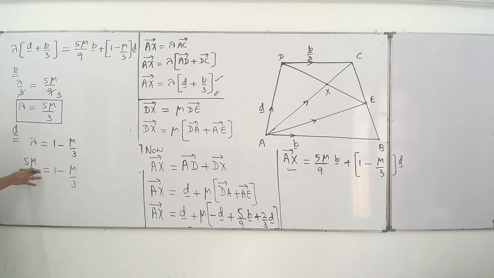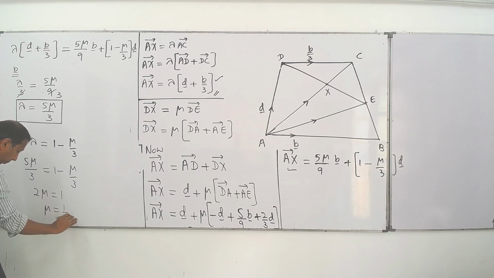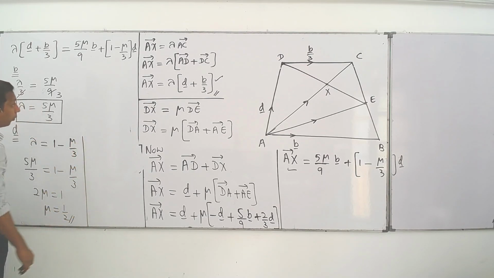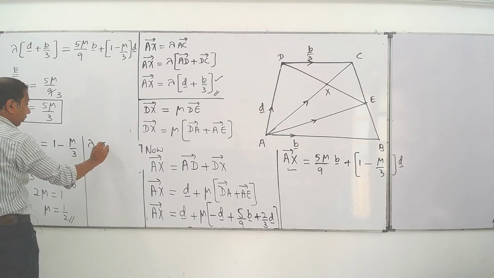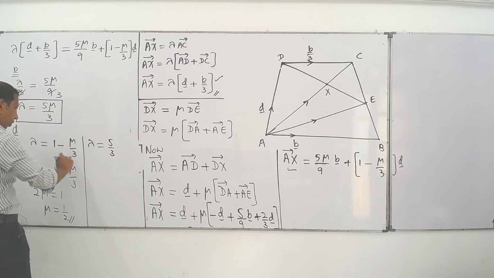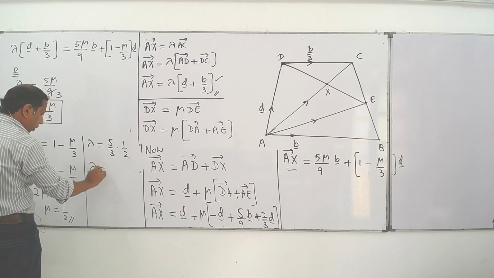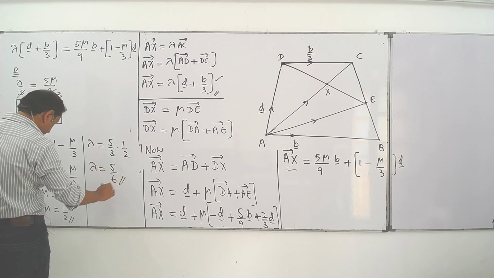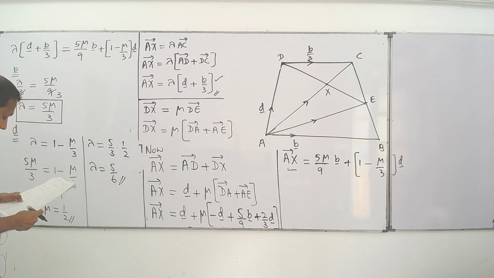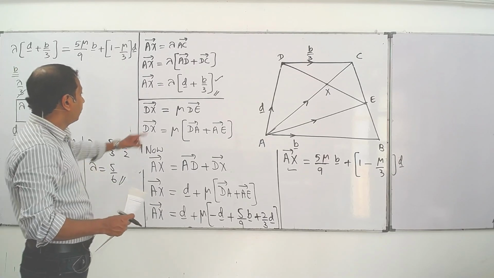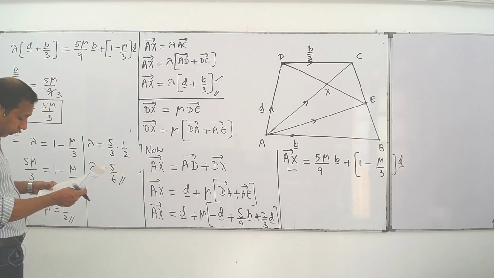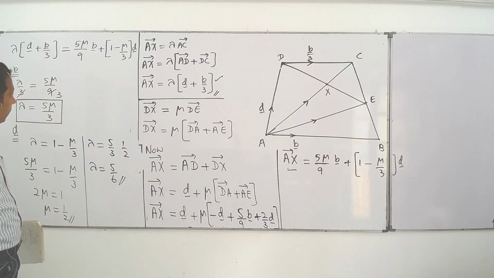Bring this side, then we get 6 mu by 3, that is 2 mu equals 1, mu equals half. Correct, no? Mu equals half. When mu is half, lambda is 5 by 3 times half, then we get lambda 5 over 6. Now finally asking what is AX. AX can be found substituting here for this lambda.